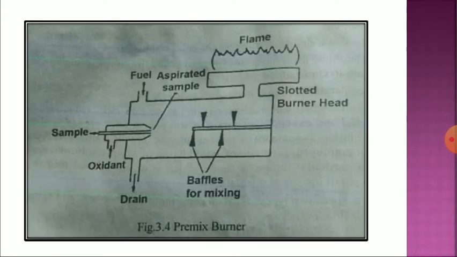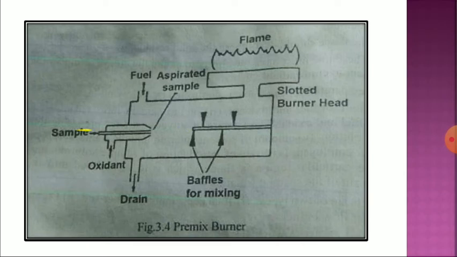This is the figure of the premix burner, or you can say laminar flow burner. In this figure, from this side, the sample will be coming through this tube inside into the whole chamber of this burner. On the same side, the oxidant, oxygen, will come into this chamber.